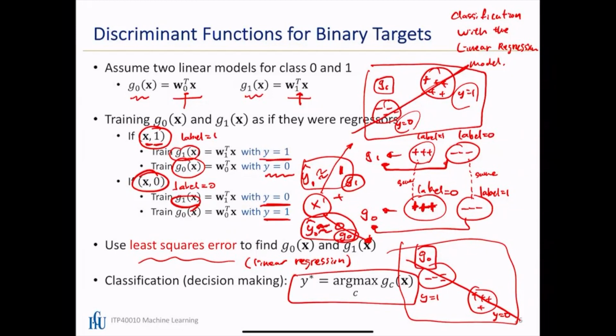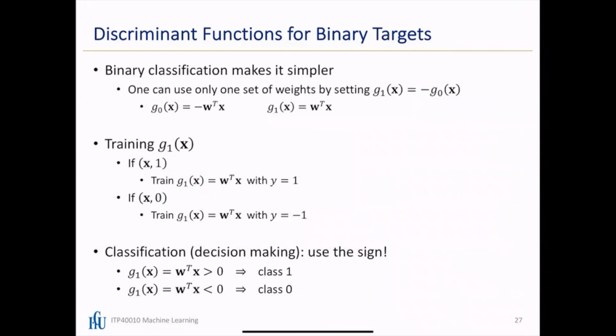The same decision rule can be applied to this ad hoc construction of the classifier. By doing that, we could build a linear classification model using a linear regression algorithm, where we could be simpler.